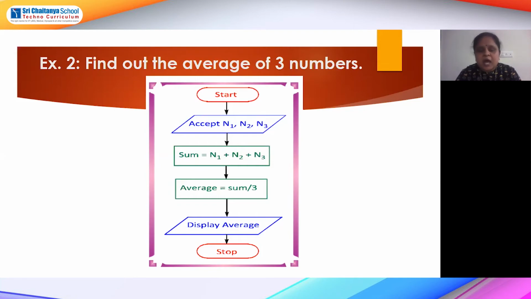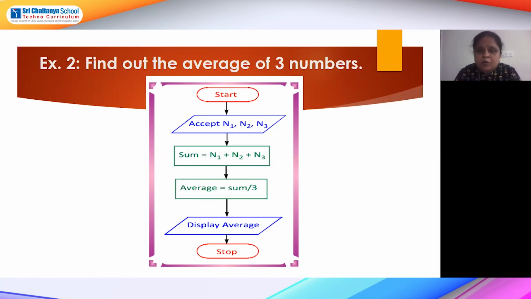I have to divide the sum by 3. So that is also a process, so again I have used a process symbol for finding out the average. So what I have written here is average is equal to sum divided by 3.